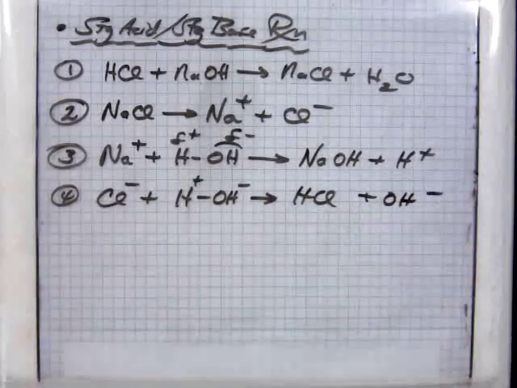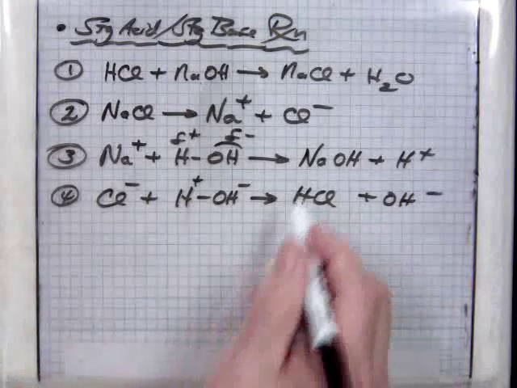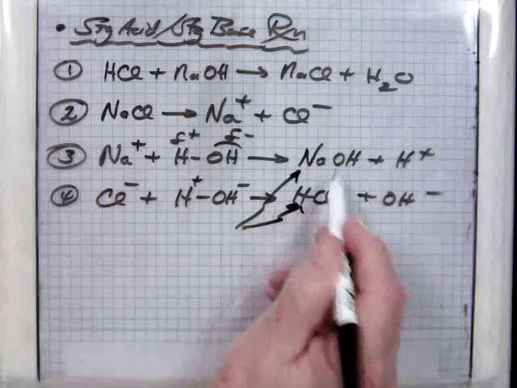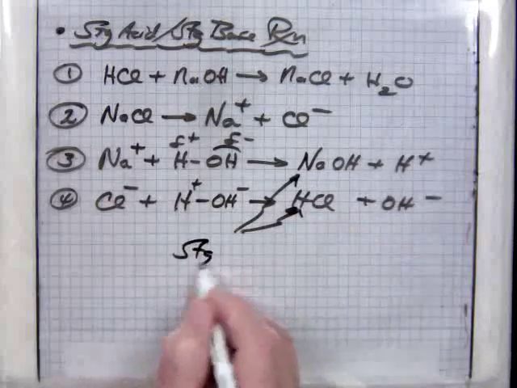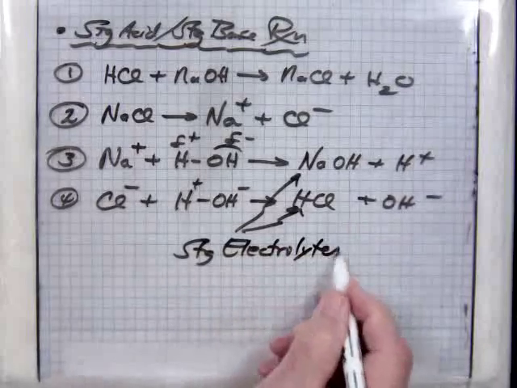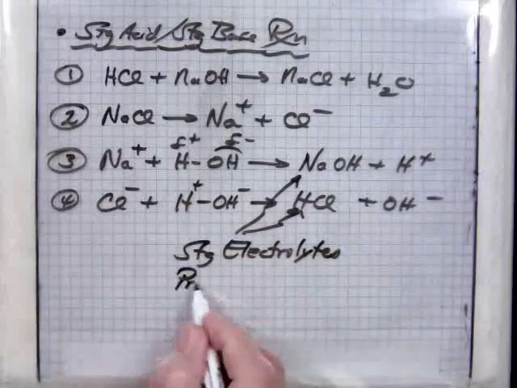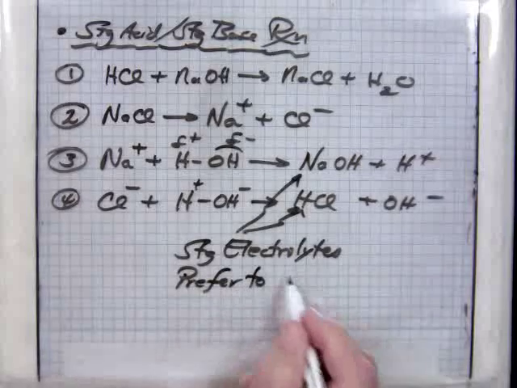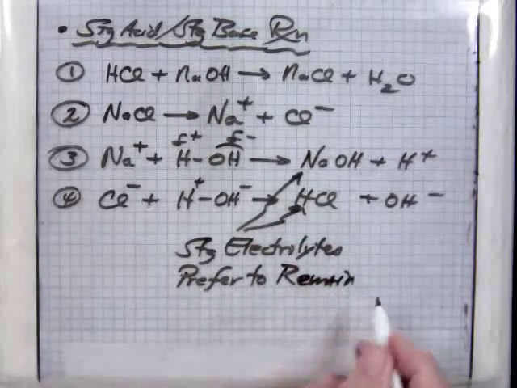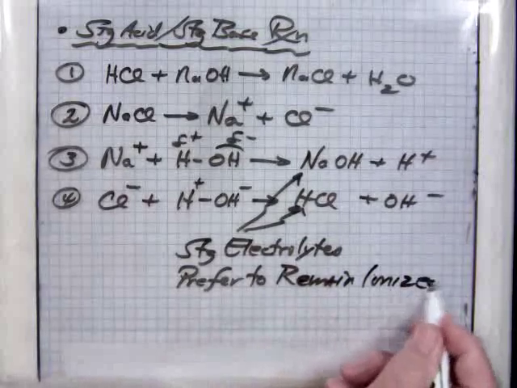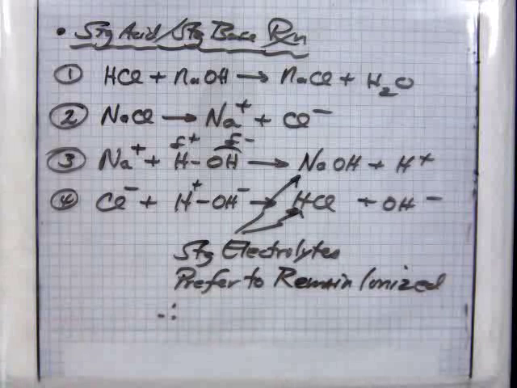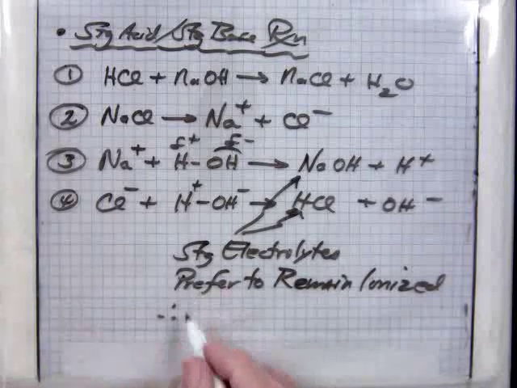Now the problem with this is that both the HCl and NaOH are strong electrolytes, and these prefer to remain 100% ionized. Therefore, we conclude that no reaction occurs, or no hydrolysis occurs.